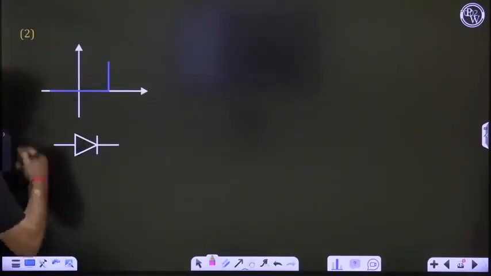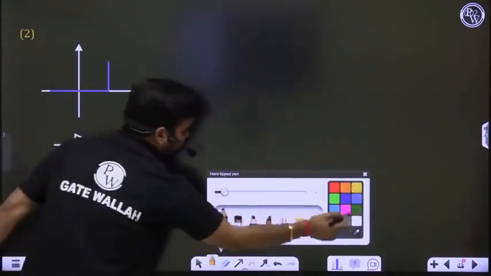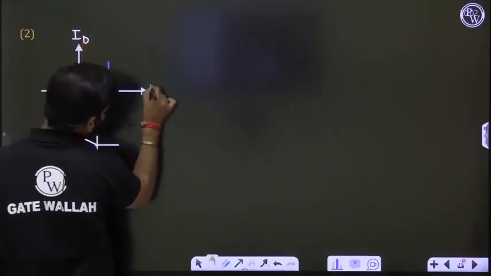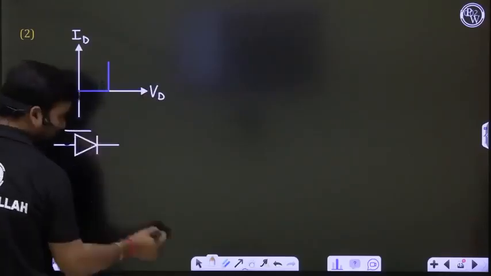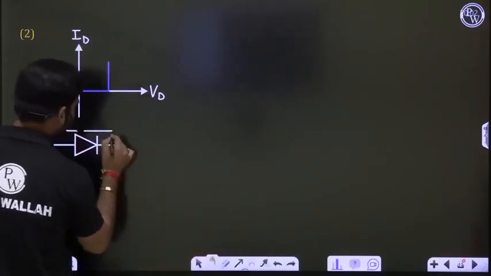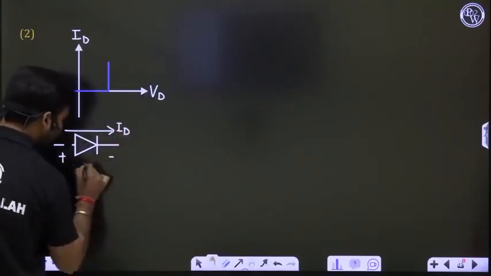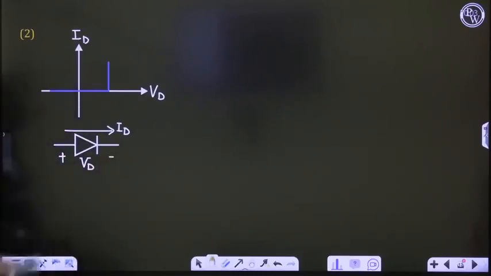Between I and V, the second approximation. So this is the diode current ID and this is your diode voltage VD, measured by the multimeter. And this is the characteristics.